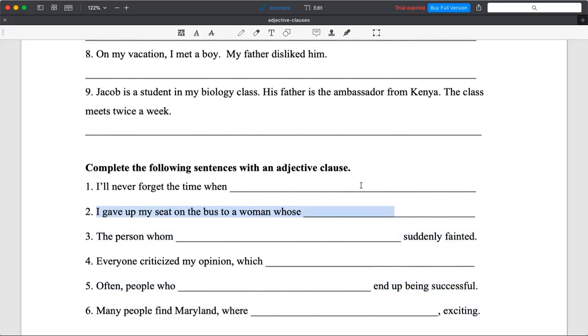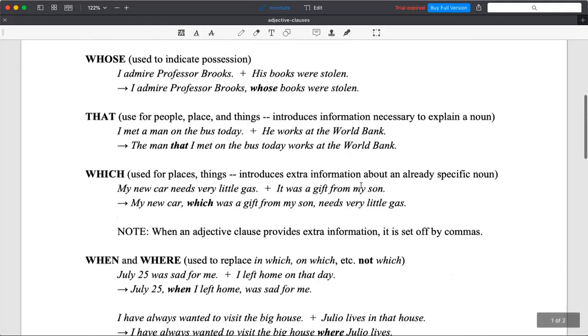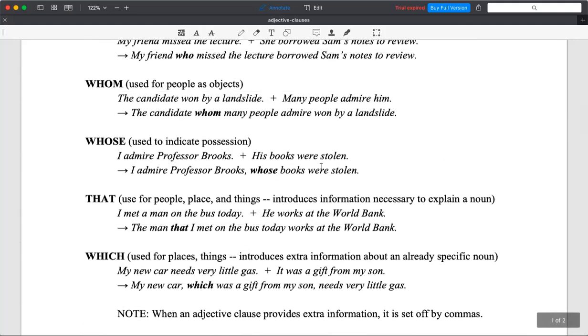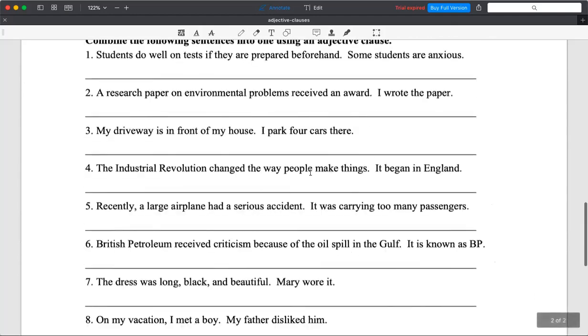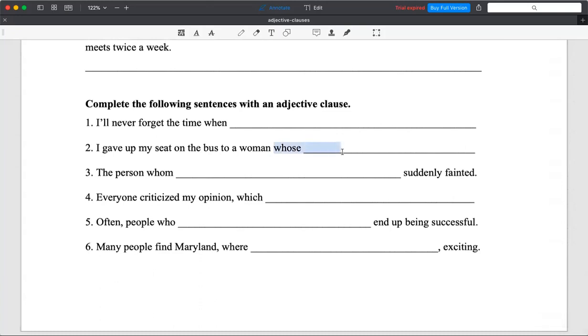Okay, once again, Fiona, I'll try to explain whose. When you use whose, you must have an adjective in your original sentence. If I say his books, I would say whose books. In this case, because of the woman in the sentence, we can say whose jacket was stolen. Whose bag was stolen.